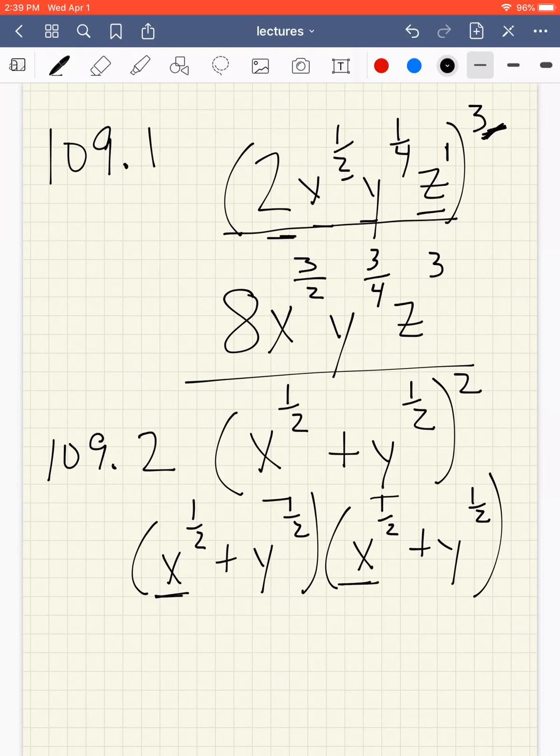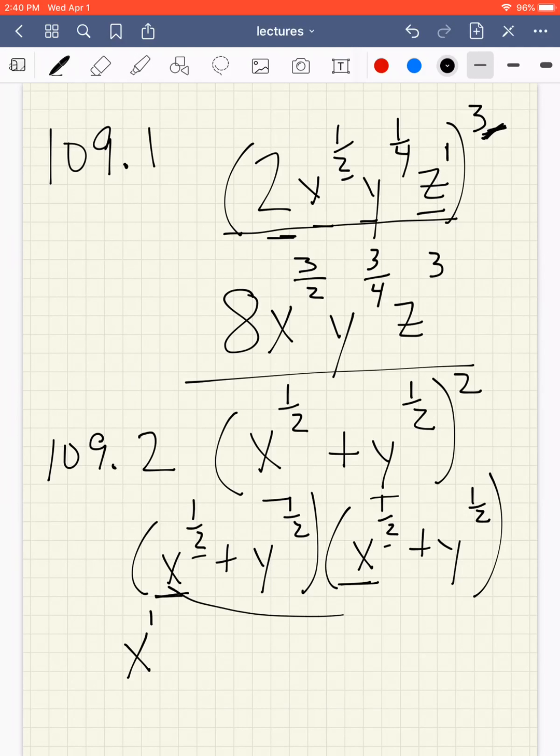So that times that is going to be, remember, when we multiply with exponents, we add the exponents. We don't multiply them. We add the exponents. So 1/2 plus 1/2 is 1. I don't have to write the 1, but I will just so we know where it came from.